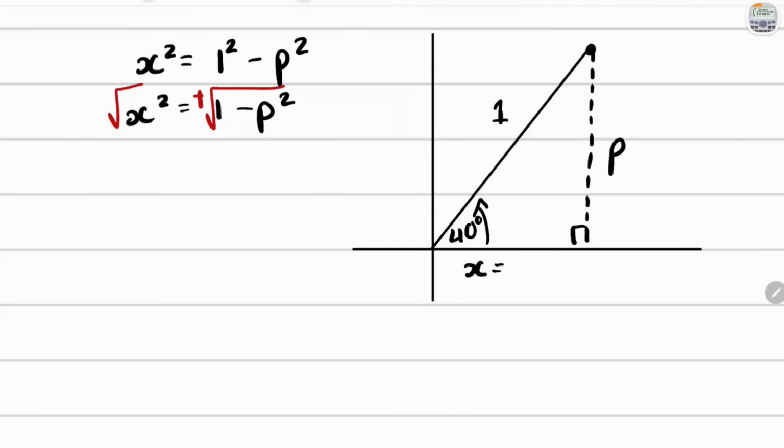Normally it is plus or minus, because when you square root both sides of an equation you have a positive and a negative solution. But as you can see, the x value is positive, so we can just take the positive. Therefore, x is equal to the square root of 1 minus p squared.